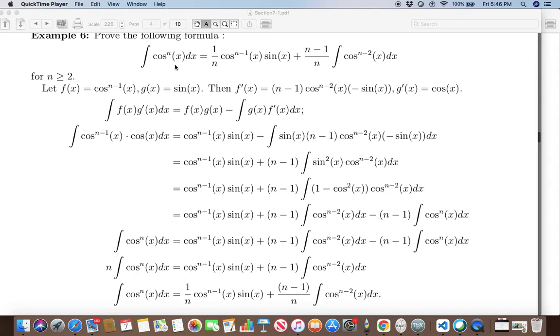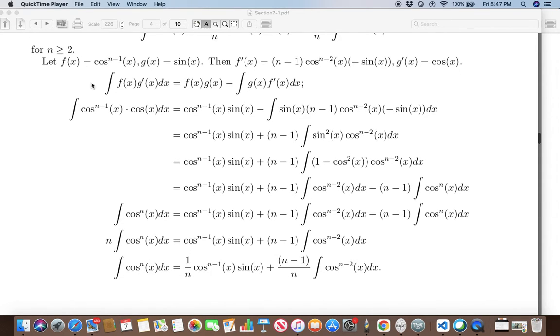Split this as cosine power n minus 1 times cosine. So the second factor is simply cosine, so its integral is g of x. f of x is cosine n minus 1. g of x is sine x. So f prime of x is n minus 1 times cosine n minus 2 x times, this is the chain rule, negative sine x. g prime is cosine.